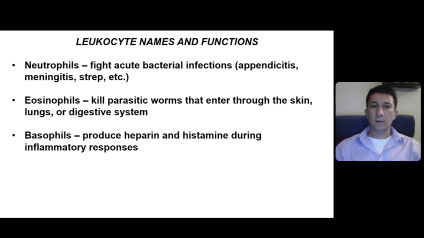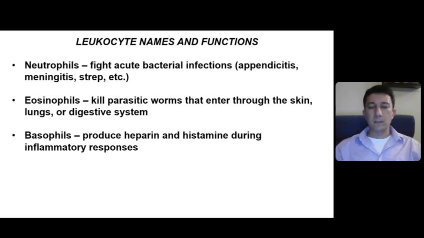The neutrophils are a very common leukocyte that help to fight acute bacterial infections, so things like appendicitis or bacterial meningitis, things like that, strep throat, so bacterial infections that are not recurring.